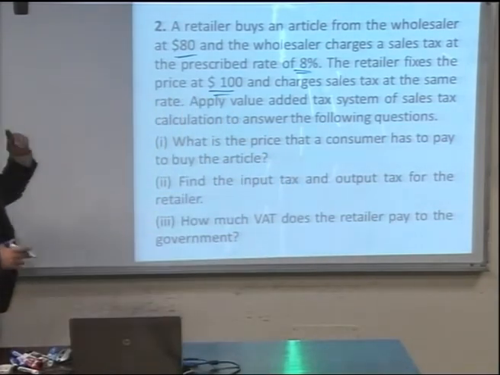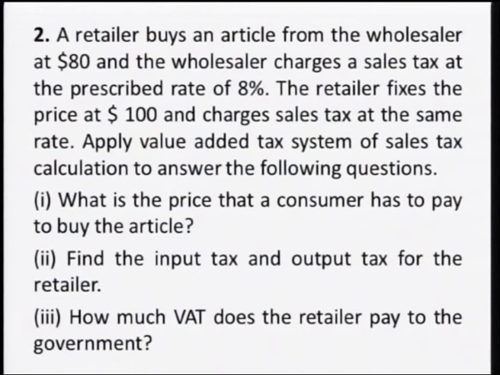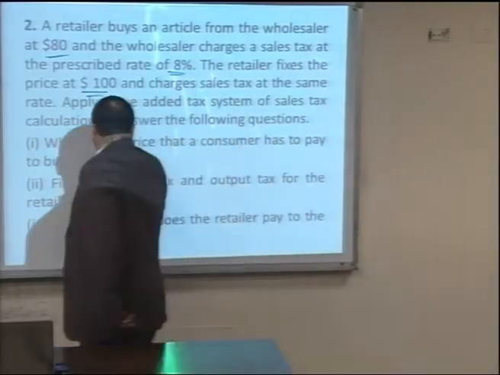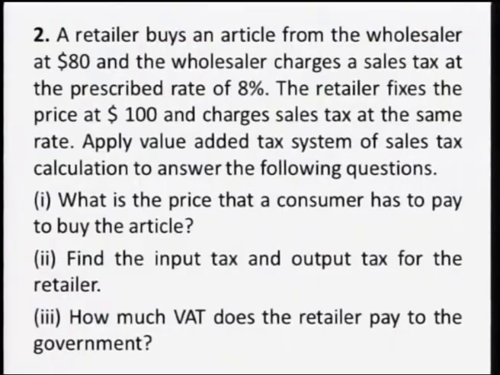Let's see what we have. Apply the value added tax system of sales taxes calculation to answer the following questions. See what is required in this exercise. What is the price that the consumer has to pay to buy the article?